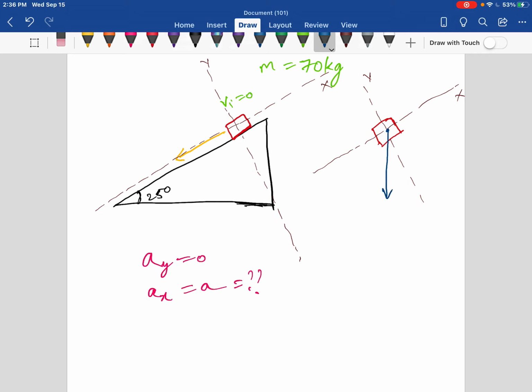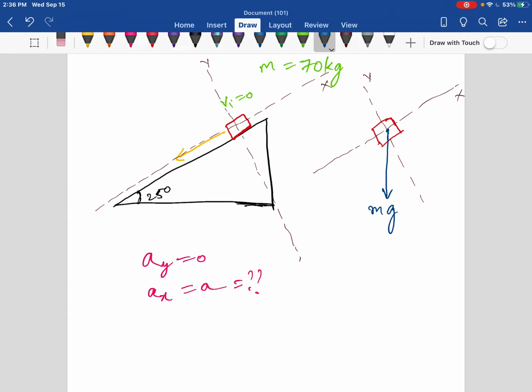One force would be the force of gravity. By the way, whenever you're drawing forces, just draw from the center. And this would be mg, or you can call that weight, w. It's fine. I prefer mg. mg as in this 70 multiplied by 9.8, all of that.